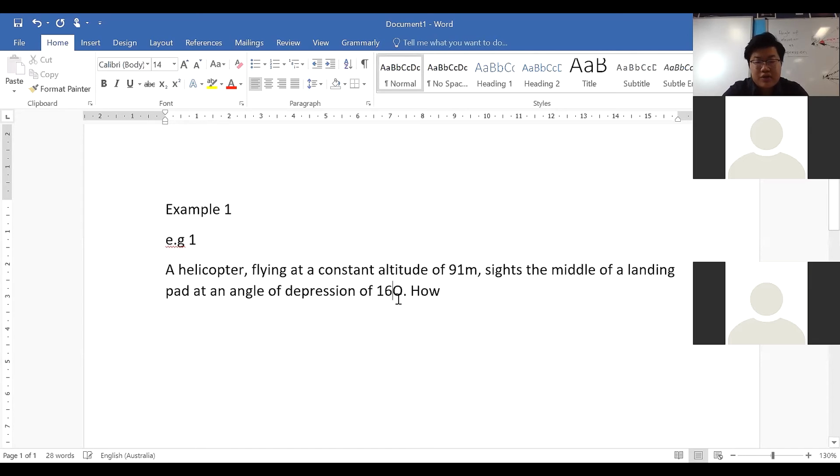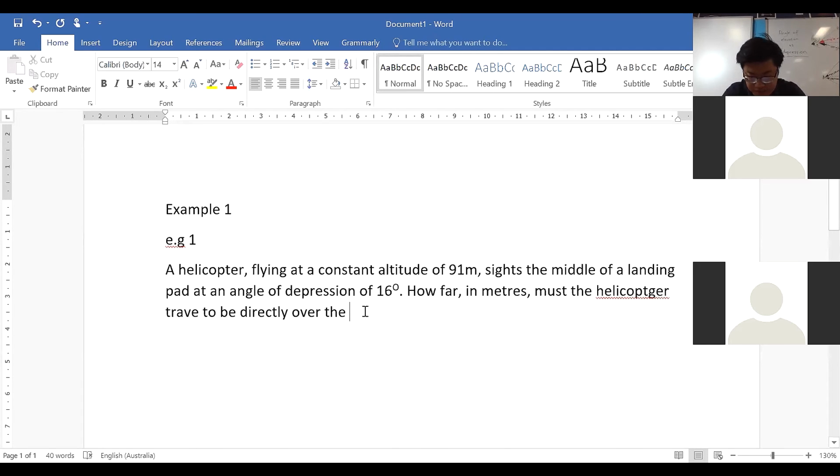How far in meters must the helicopter travel to be directly over the landing spot at an altitude of 91 meters? Now jot this down and we'll run through the question together.